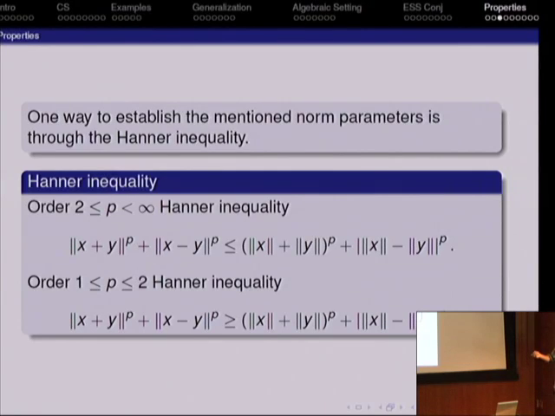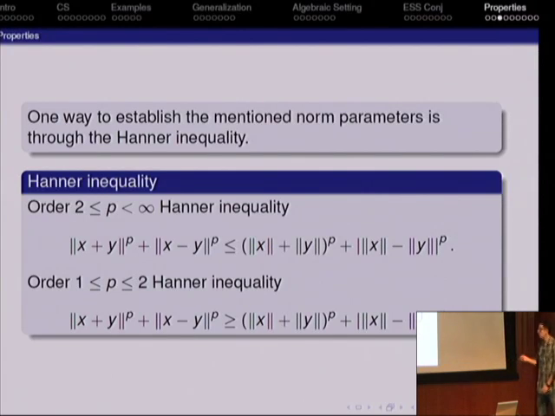If I look at the norm of x plus y raised to power p, then add it with the norm of the difference of x and y raised to power p, this is bounded above by just the sum of the norms to power p plus the difference of the norms to power p. Is the p power missing on the x and y? No, this is take the norm, take the difference. Yeah, there is an absolute value here. And when p is between 1 and 2, the direction is reversed. So you look at this, and it should be at least this thing.